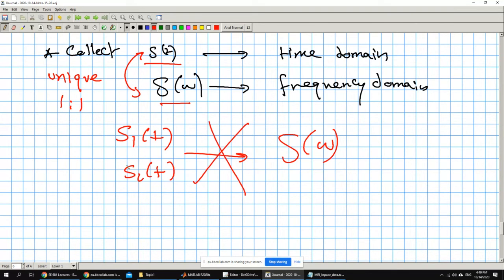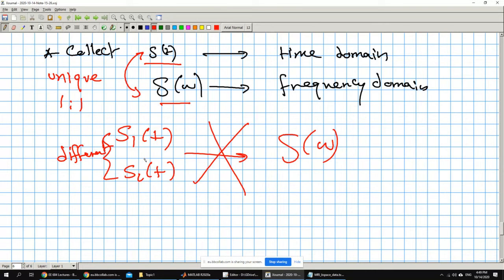If these two are different, they cannot have the same Fourier transformation, and the other way around. If you have a particular Fourier spectrum, you have only one signal to return to. You cannot have two signals.